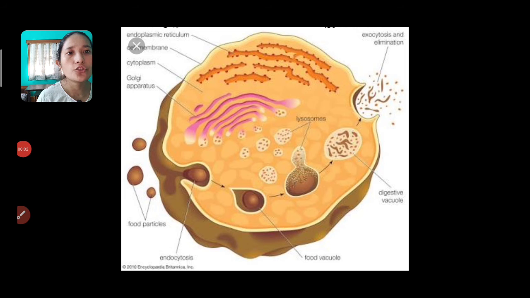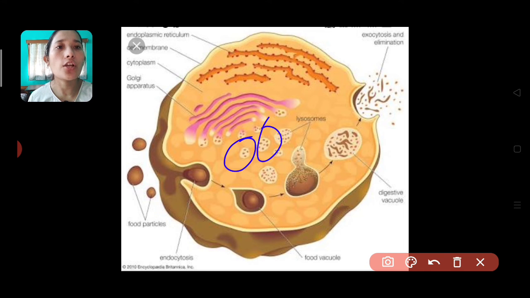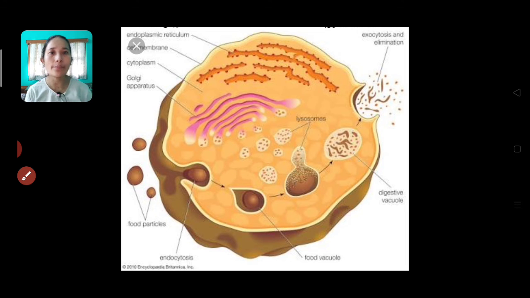Next, coming to lysosomes. As you can see in the diagram, a lysosome is a small sac-like structure scattered all over the cell. They are present in animal cells. These lysosomes are also referred to as suicidal bags, because whenever any foreign material enters the cell, the lysosomes will engulf and destroy it, and eventually even the lysosomes will die.